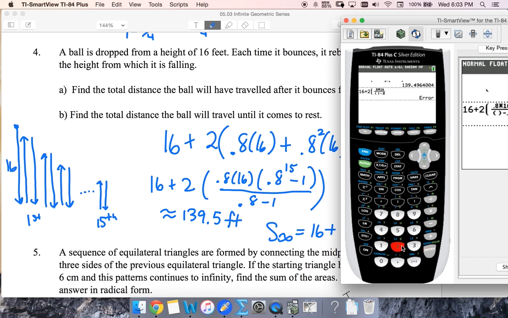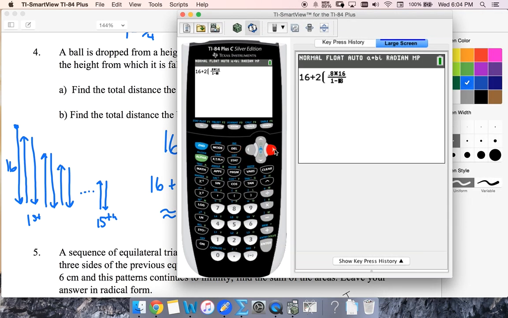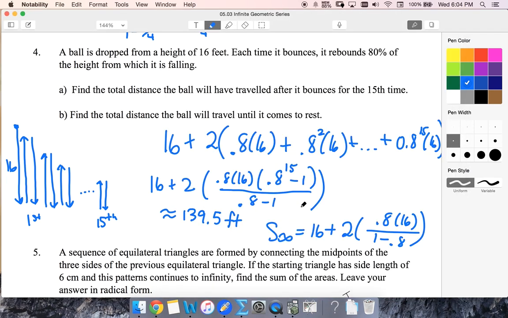Anytime you get an error, go to the bottom. Oh, that's not good. In the bottom there, I should have 1 minus 0.8. Look at the bigger version. 1 minus 0.8. Close parentheses. All right, 144 feet is how far it will have traveled in total.